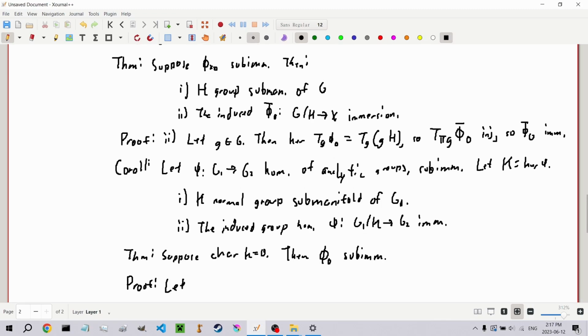So we're going to let g naught in G such that the rank, we call it n, of T phi naught at g naught is maximal.